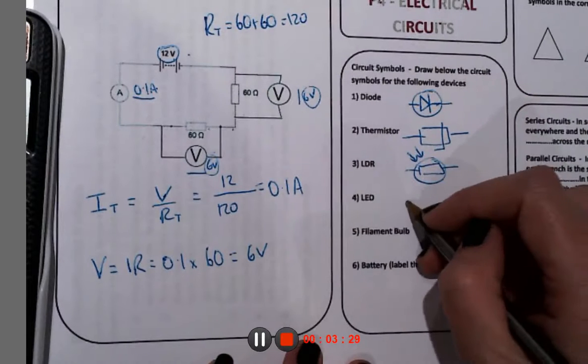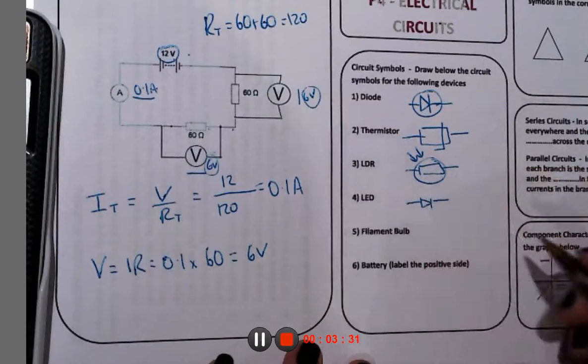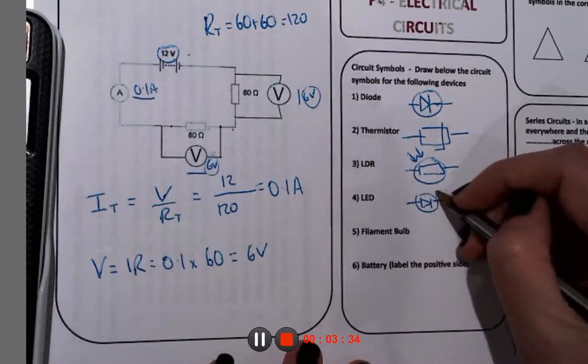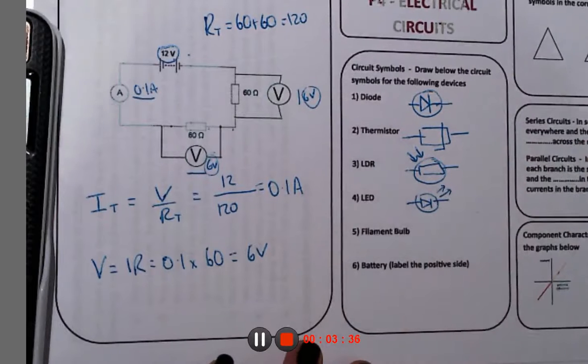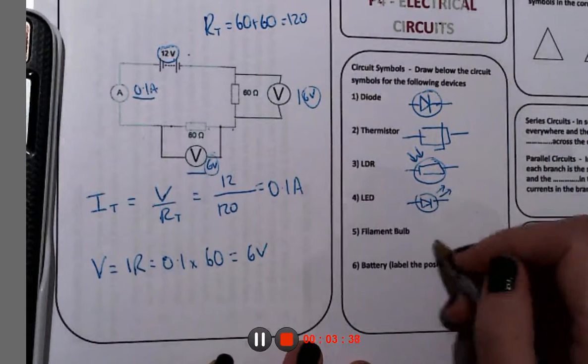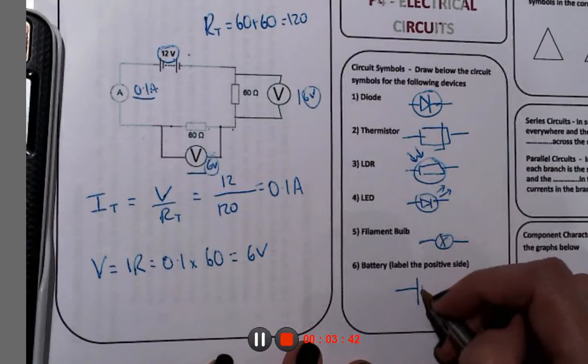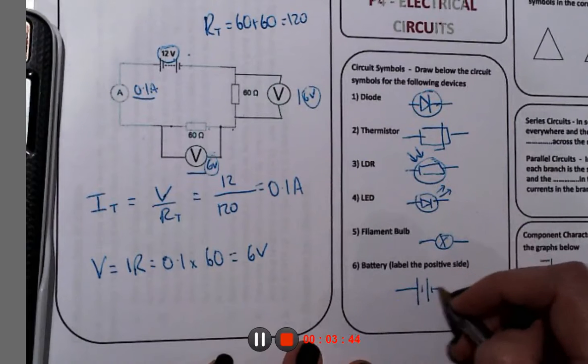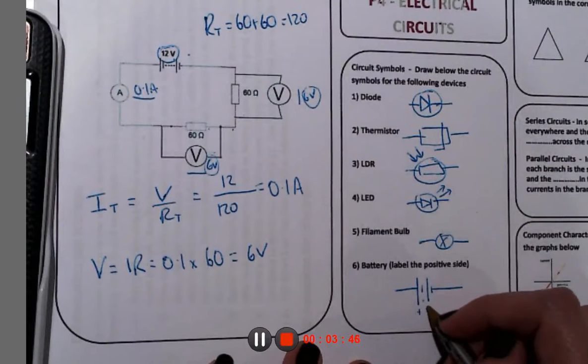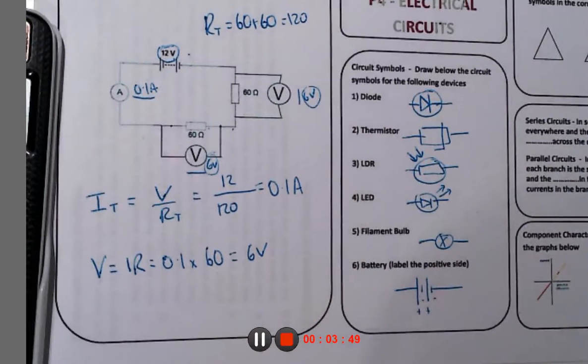An LED is a diode, so it's the diode symbol, but it gives out light, so you draw the arrows coming out. Filament bulb, and a battery, which is 2 or more cells. So there's a battery. Positive, negative, positive, negative.